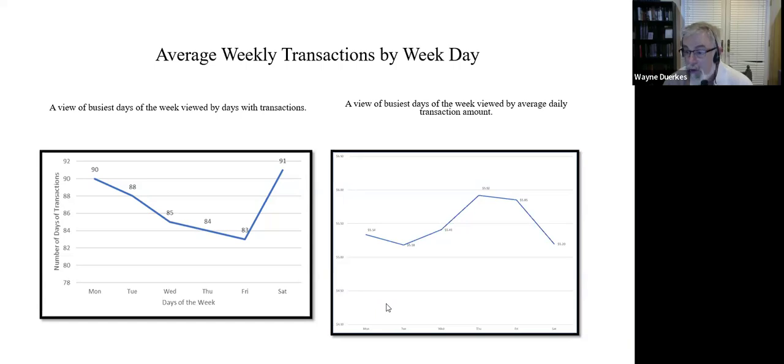The chart to the right, a little bit difficult to see. In case you can't, it's $4, $4.50, $5, $5.50, $6, $6.50. So the daily purchase transaction amount was always between $5 and $6.